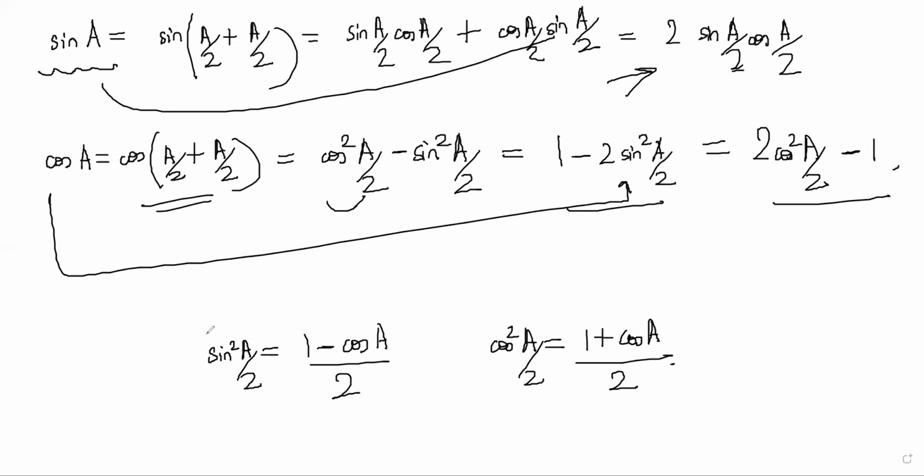So sine a by 2 you can write as a root of this. But basically the point is that you are able to get half angle formulas also, not just double angles. Because you can say a is a by 2 plus a by 2 and then just use the formulas of sine a plus b and cos a minus b and so on, correct?